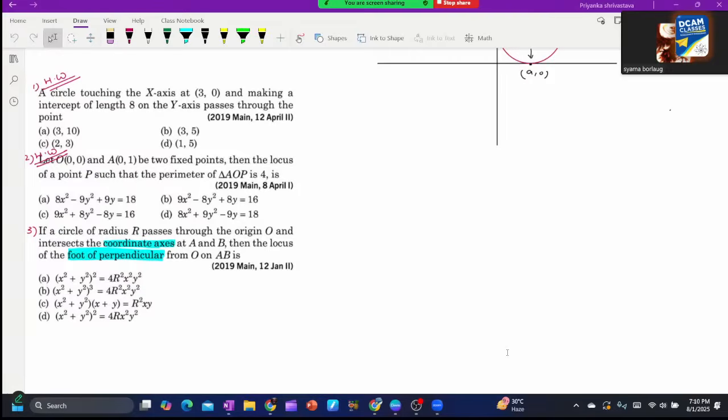They actually combine two or three chapters like circles and parabola with a straight line, in which you will use the knowledge of straight line, circles as well as parabola. That will be considered a good question in JEE Advanced.